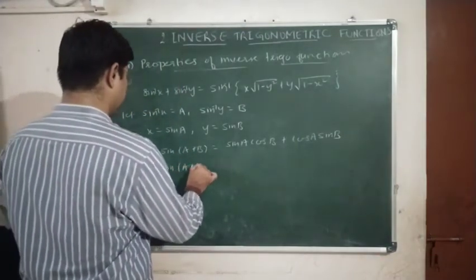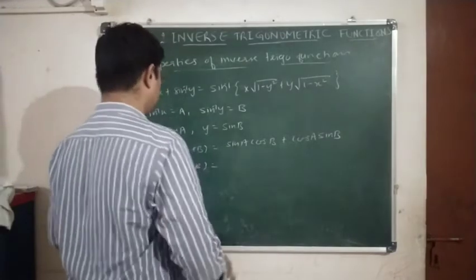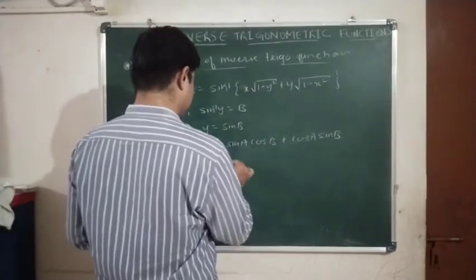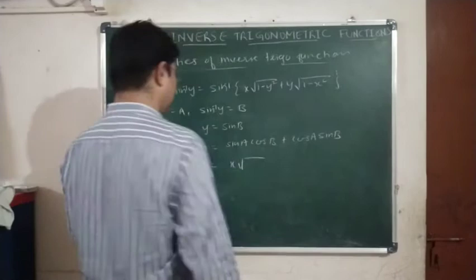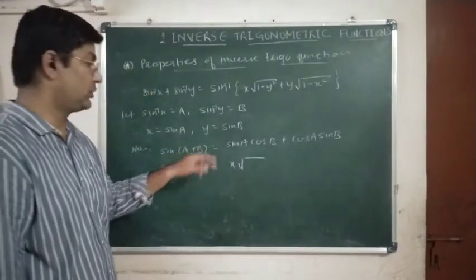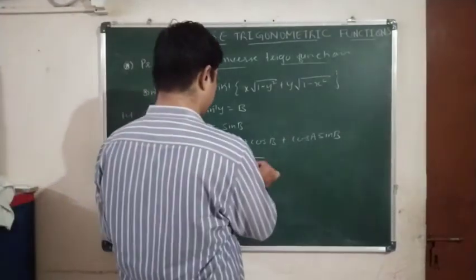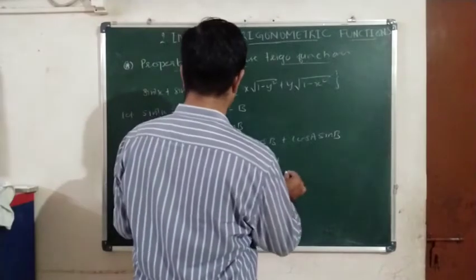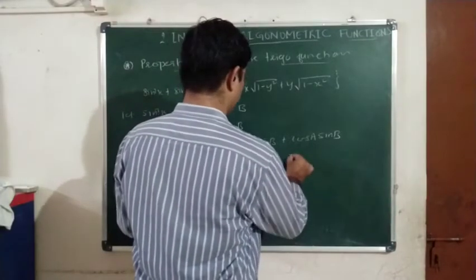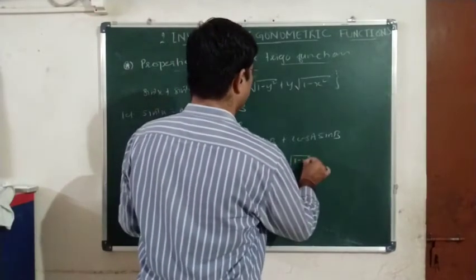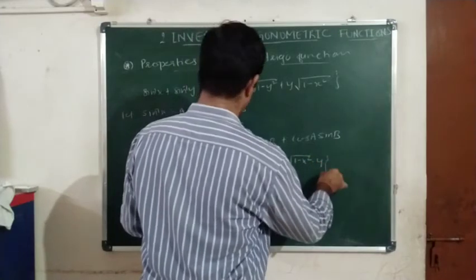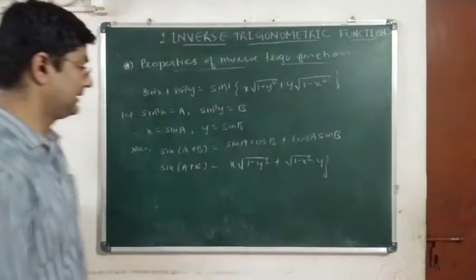Now sin(a plus b) is equal to sin a, which is x, into cos b, and sin b is y, then cos b is root of 1 minus y square. Similarly cos a is root of 1 minus x square into sin b, which is y. Clear?